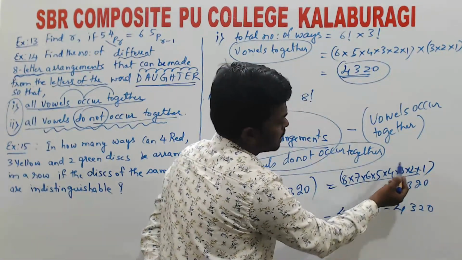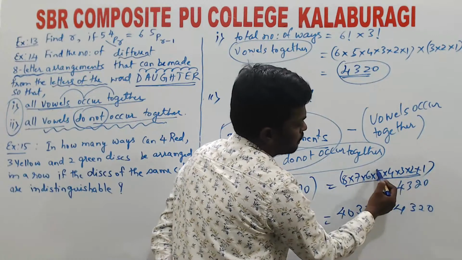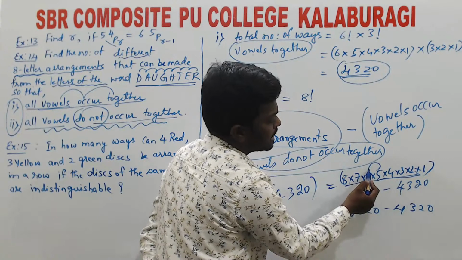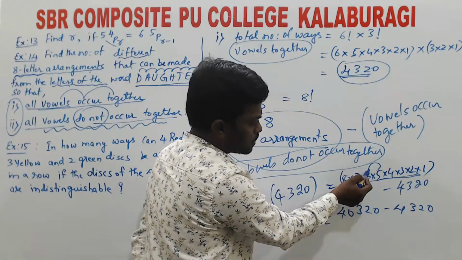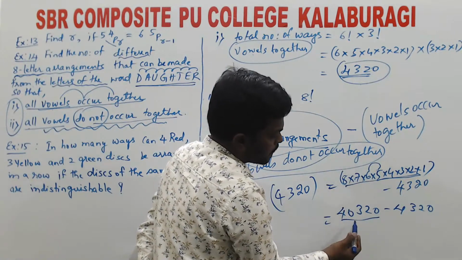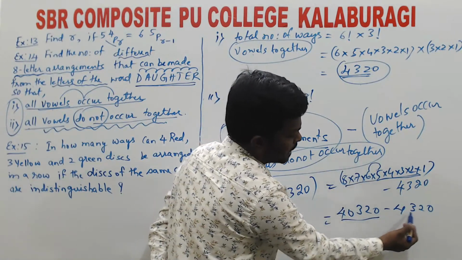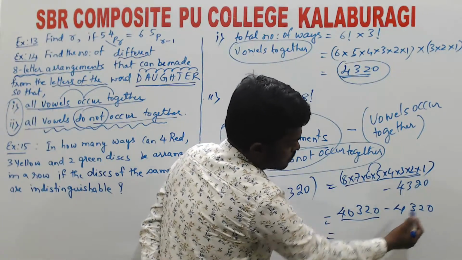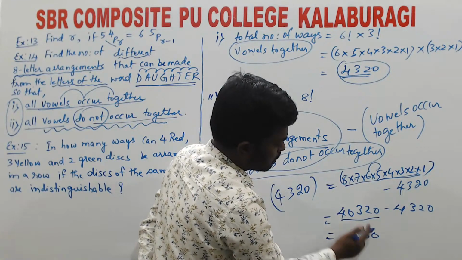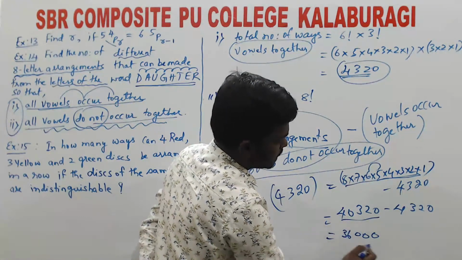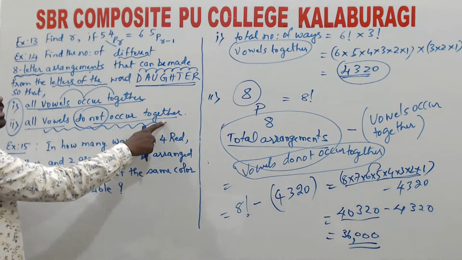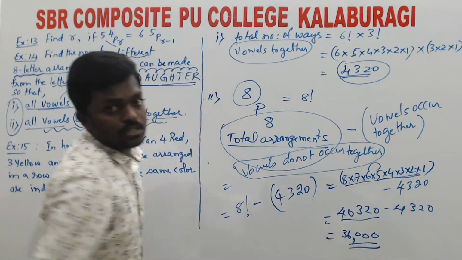So you can multiply this: 5 factorial is 5, 4, 3, 2, 1, which is 120. 120 into 6 is 720. Then 720 into 7, and into 8. Now 40,320 minus 4320. So the answer is 36,000. So vowels do not occur together in 36,000 ways.